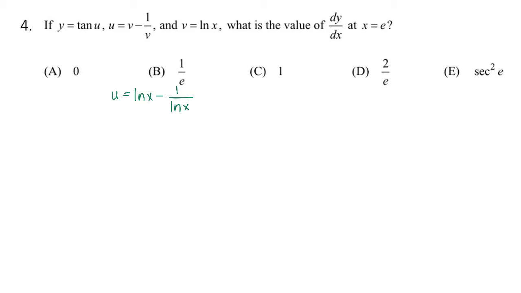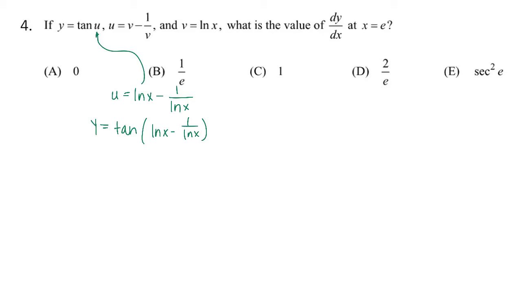From there, we can go back and substitute that in where I see a u. So that gives me y equals tangent of u, but u is the natural log of x minus 1 over natural log of x. So now I've got y and x together.